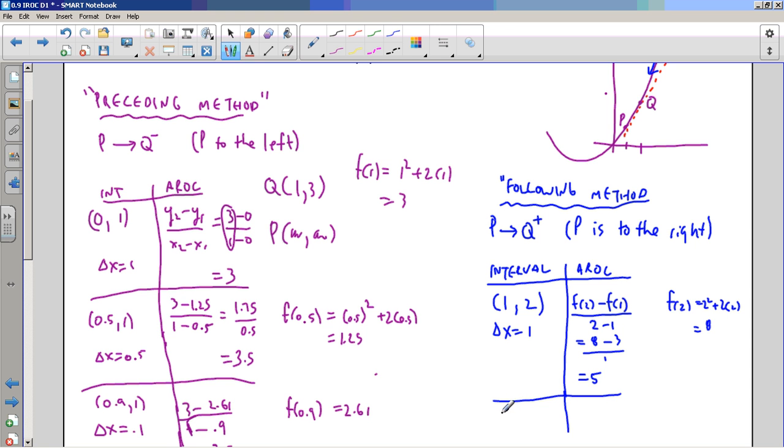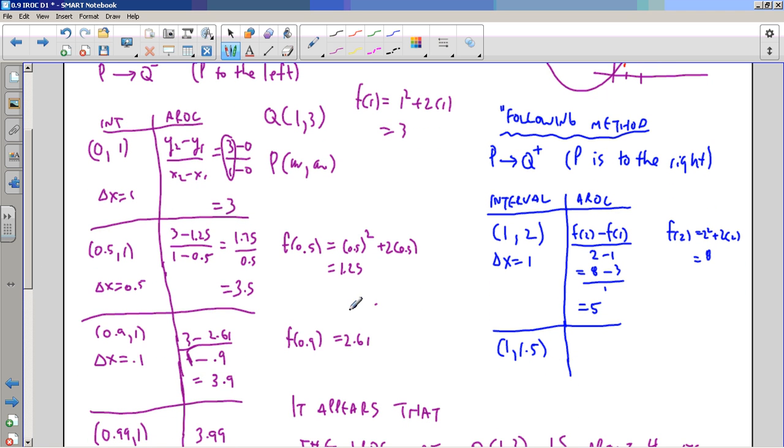Now that we sort of get the picture, I can go a little bit quicker here, and I want this P value to get closer and closer back towards Q. So I might try 1.5 and then do that calculation. I'm going to put this whole thing into my calculator now. My delta x is 1.5 subtract 1, or 0.5.